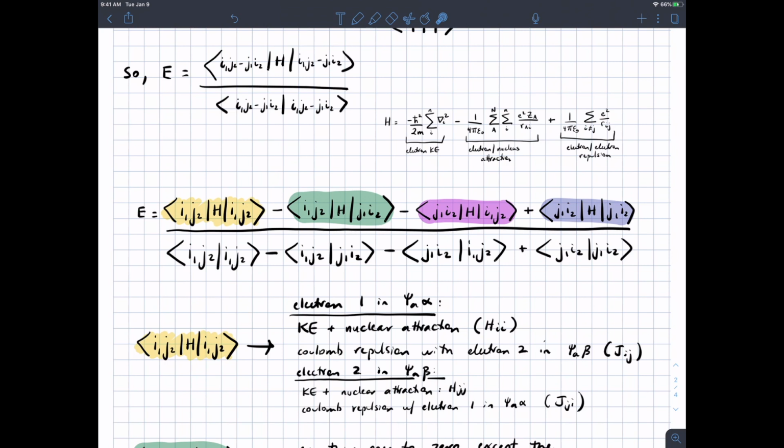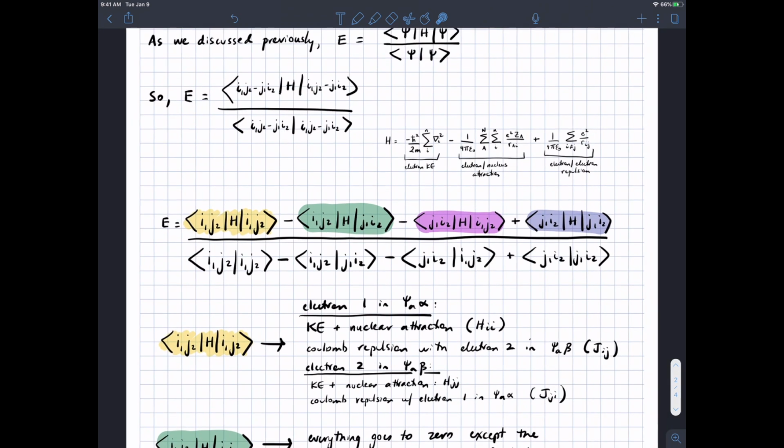And at the same time, separated out in a different term, you get added the kinetic energy and attraction to the nucleus of electron 2 in spatial orbital A with spin beta, along with Coulomb repulsion to electron 1 instead of electron 2, sorry.